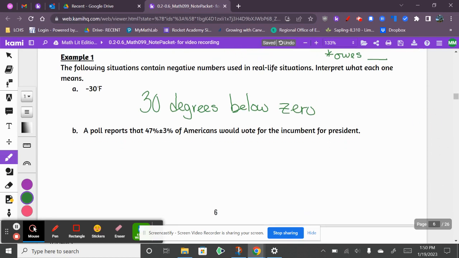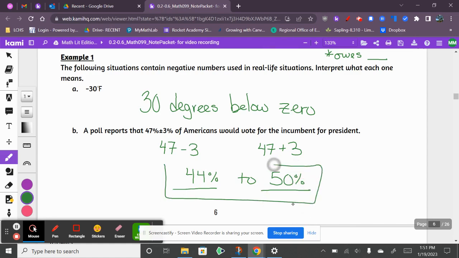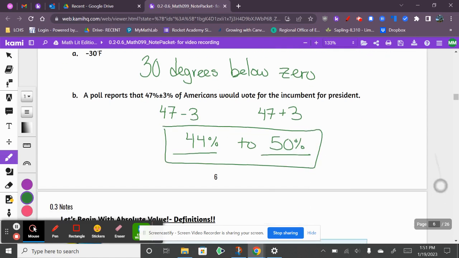For Part B, it says a poll reports that 47% plus or minus 3% of Americans would vote for the incumbent president. If you're going to do plus or minus, you're going to have one version with the minus and one version with the plus. So you're going to have 44% all the way to 50%. And that would be your interpretation of that.